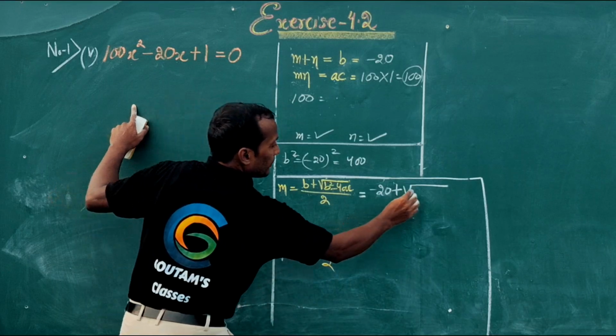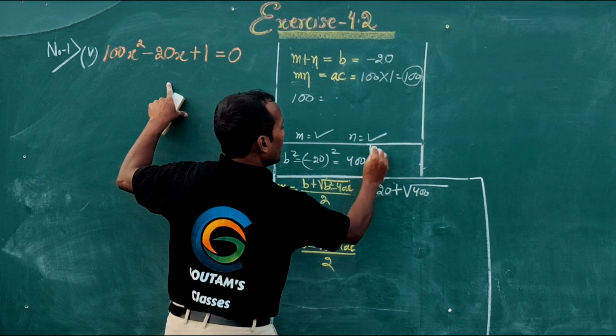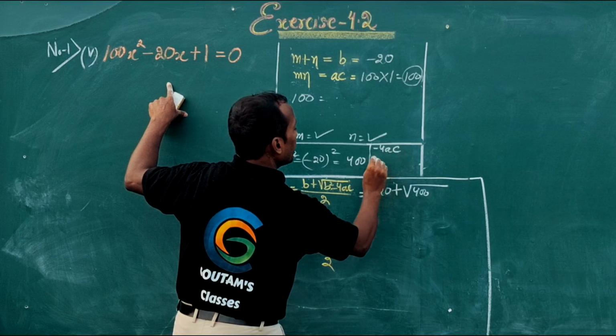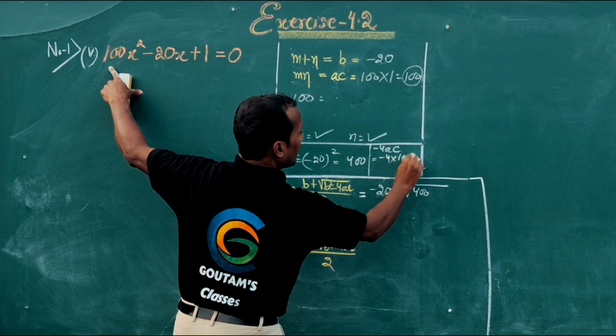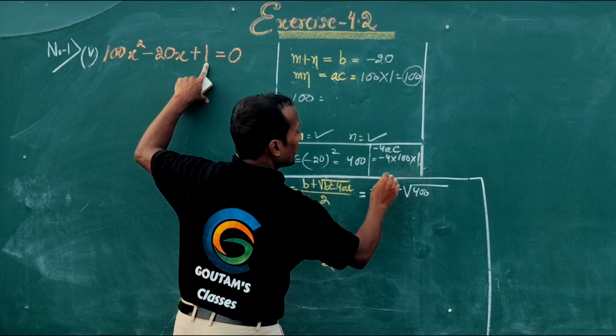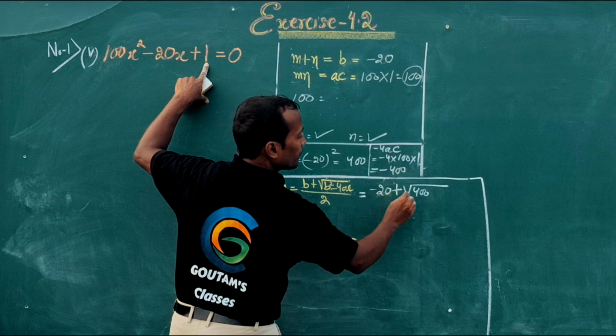Now let me calculate minus 4ac. Minus 4 into, what is a? a is 100. What is c? c is 1. So minus 4 into 100 into 1 means minus 400.